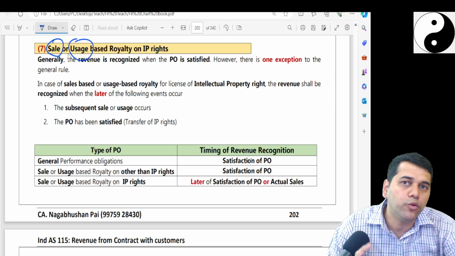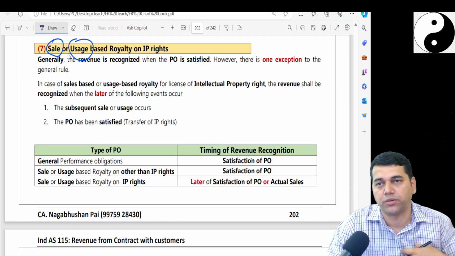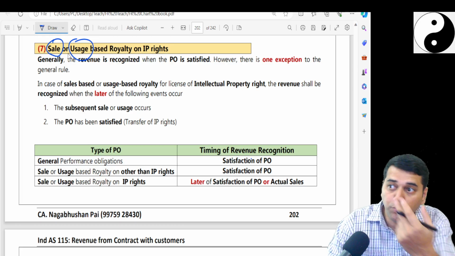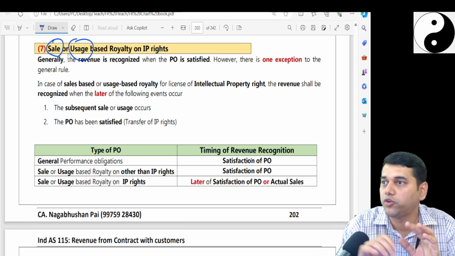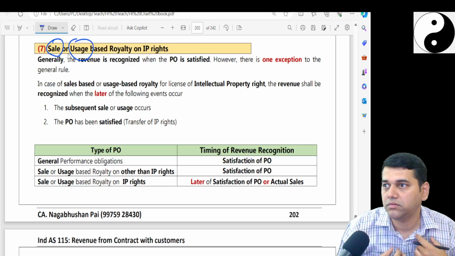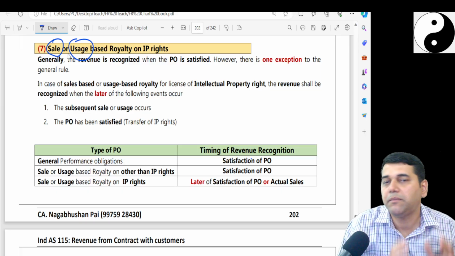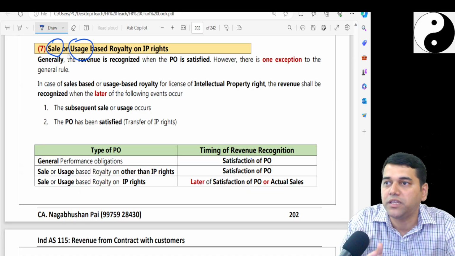But what if you are the seller, you give me an intellectual property and I need to pay you depending upon using it? Suppose you are a cinema producer, you have given one cinema's rights to me, a theatre owner. I will not pay you fixed money.